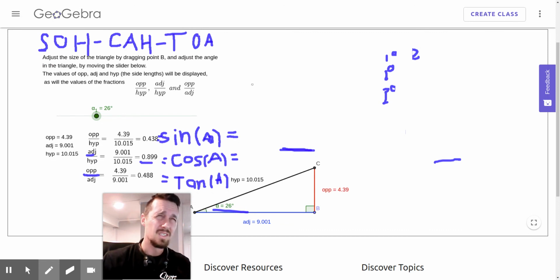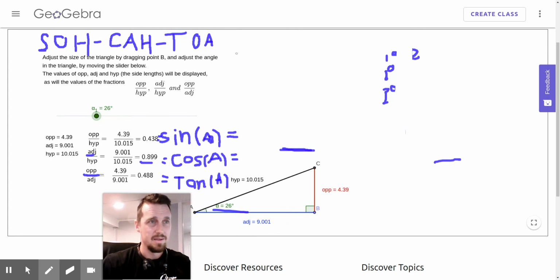So, S-O-H. It must be opposite over hypotenuse. And then you go, wait, I need to figure out, all right, which one does opposite and adjacent? TOA, tangent does opposite over adjacent, right? So you just memorize this. It's very, very useful.